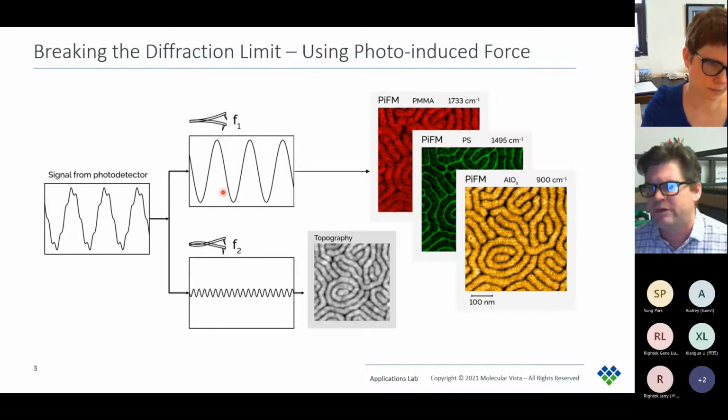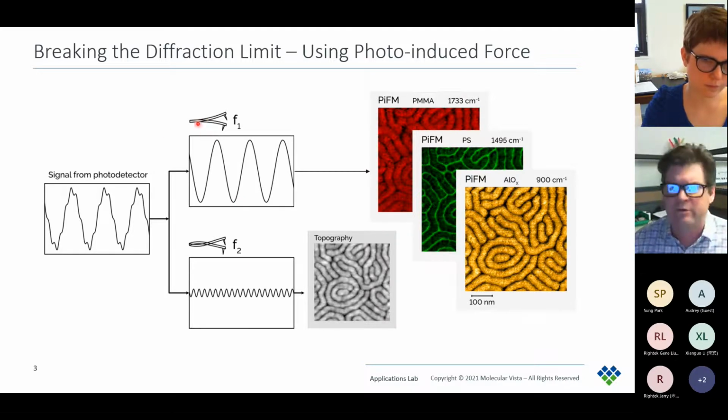And so we're going to do that using a multimodal schema in AFM. You can envision our AFM cantilever having multiple mechanical modes, but we'll start with a first mechanical mode and a second mechanical mode. Now we can use the second mechanical mode to investigate the topographic information of the sample, and that's what you're seeing in the gray image.